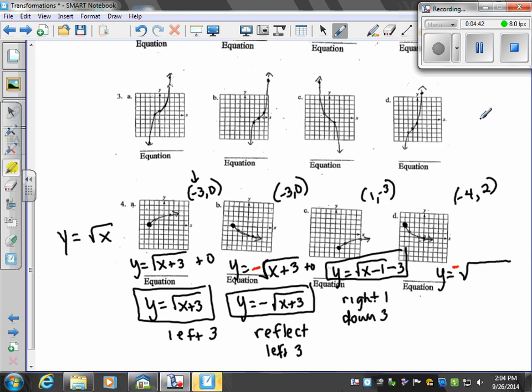And then we have x plus 4 under the radical and then plus 2 on the outside. And that means it's reflected. This is our equation. It's reflected, left 4 units, and up 2 units.